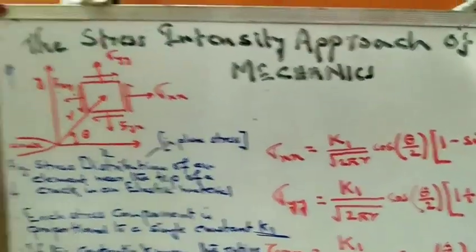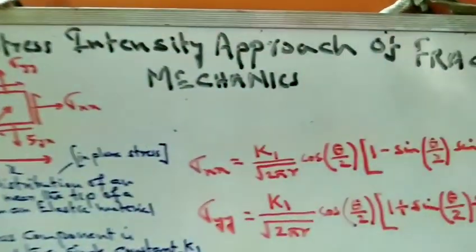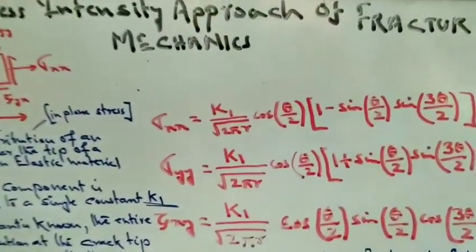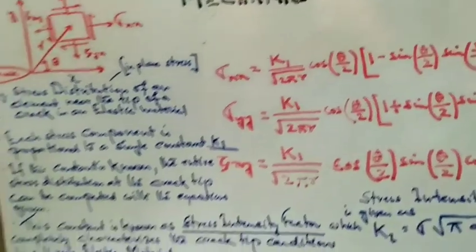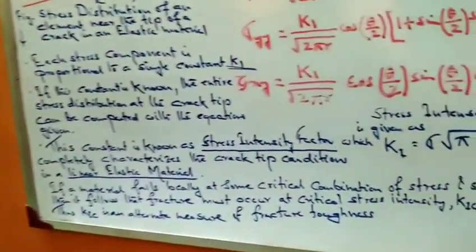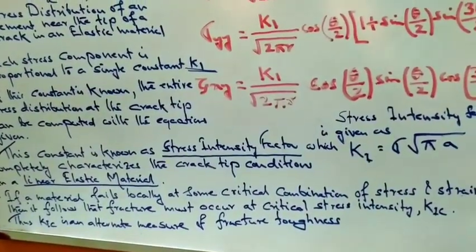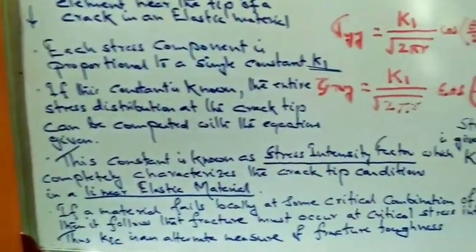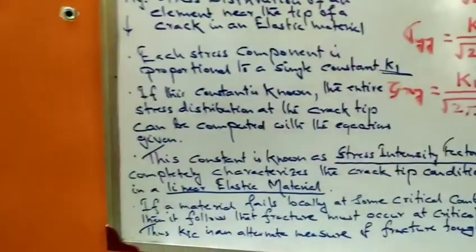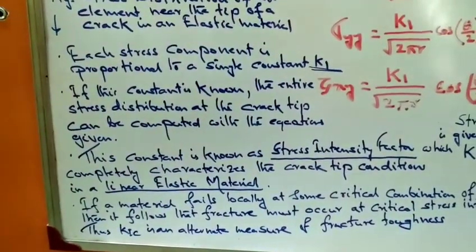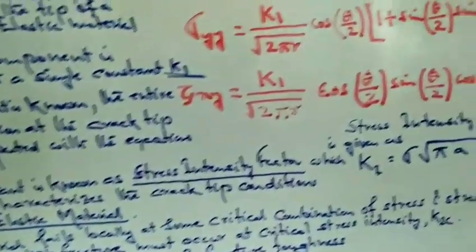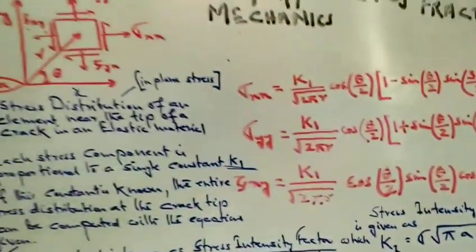So only if K is known to us for that material, we could easily calculate the stress distribution. So that constant is known as the stress intensity factor, which completely characterizes the crack tip condition in a linear elastic material.